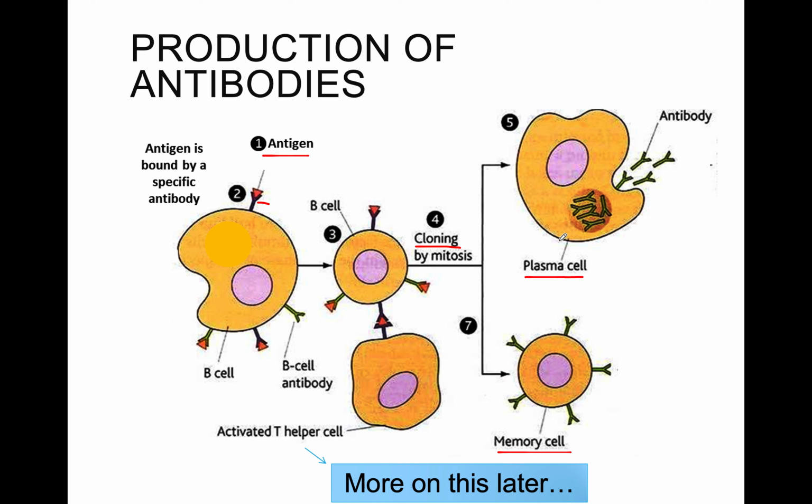Those plasma cells are like differentiated B cells. They've got more of the components necessary for protein synthesis, so they have more rough endoplasmic reticulum with lots of ribosomes and Golgi apparatus and mitochondria, and all of those things are useful for producing and packaging antibodies and then releasing antibodies, which can go on to neutralize viruses and bacteria, stop them from reproducing or stop them from binding to a host cell.